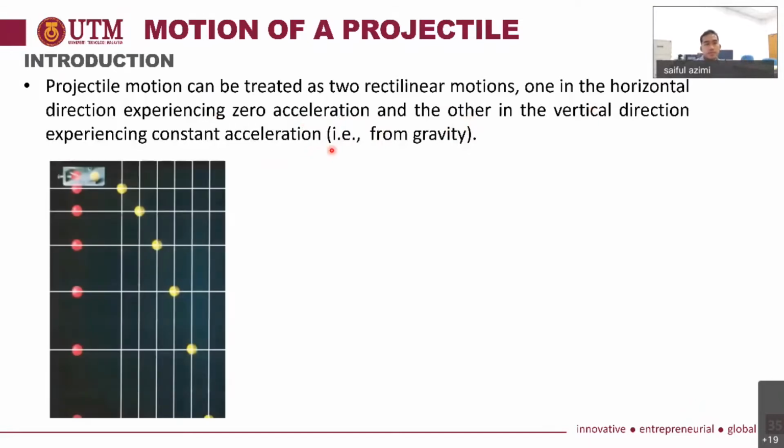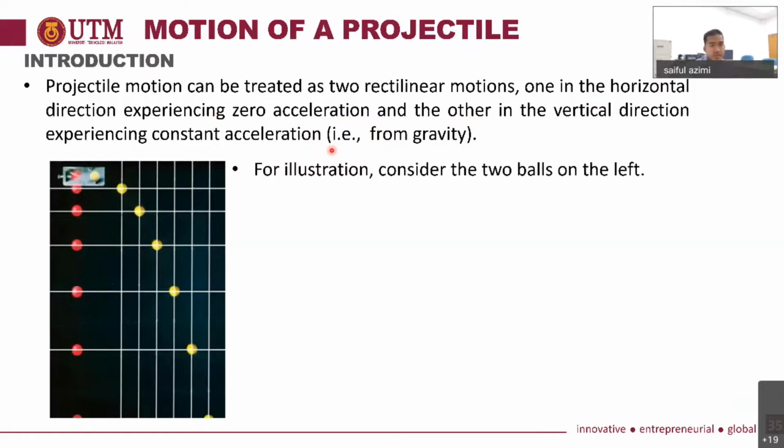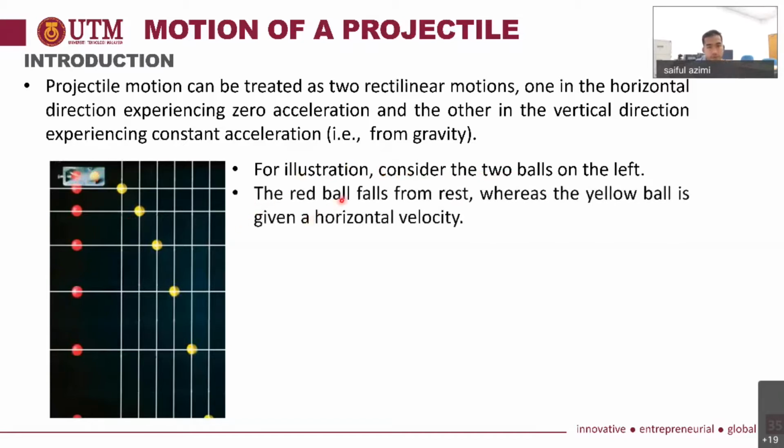Right. Let's take a look at this picture. For illustration, consider the two balls on the left. You have the red ball and the yellow ball. The red ball falls from rest, so for example, you drop the red ball.